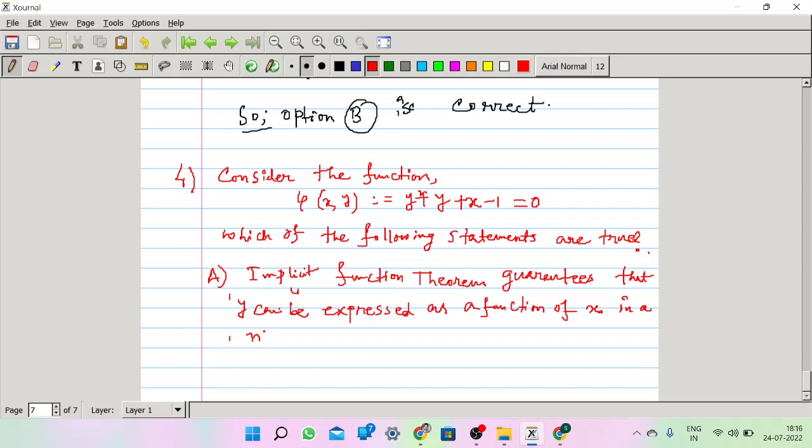I am writing the short notation for neighborhood as nbd of 5 by 4 comma minus half.